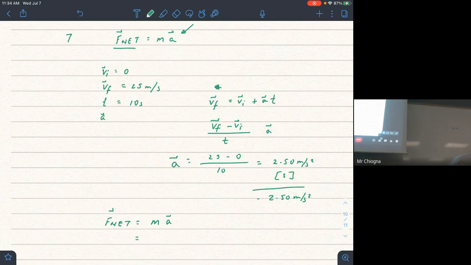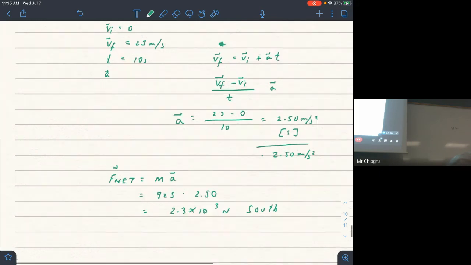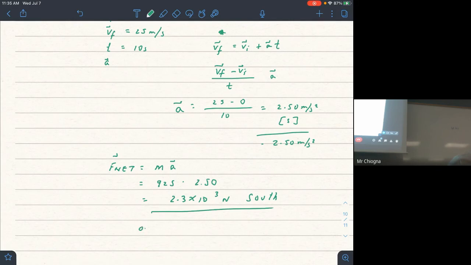Take the mass, multiply by 2.5 or negative 2.5. As long as you remember to put the direction in the end, that's fine. That works out to be 2.3 times 10 to the 3 newtons south. Or you can say negative. Either one.